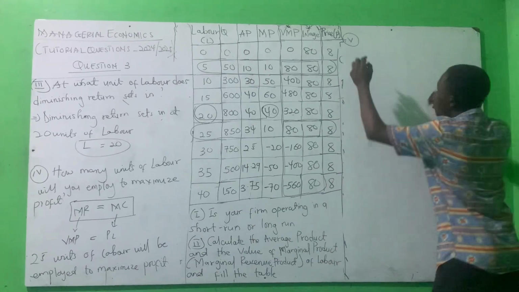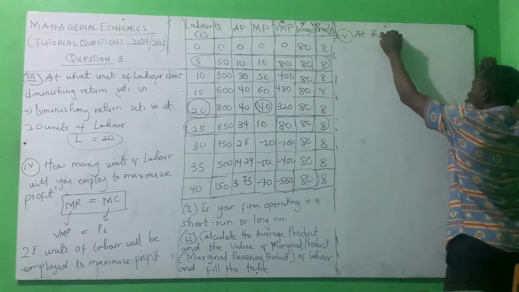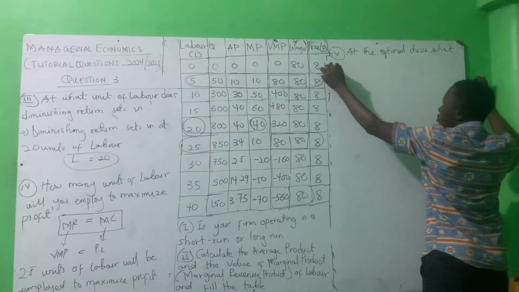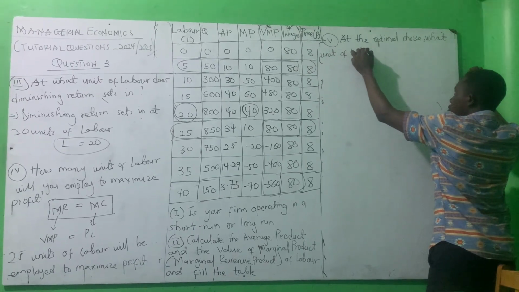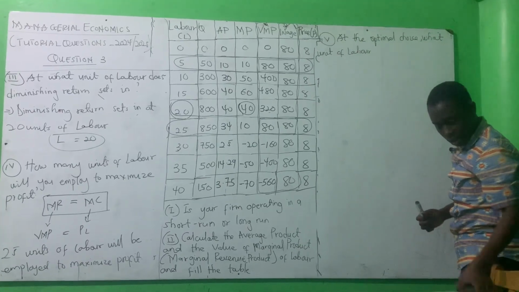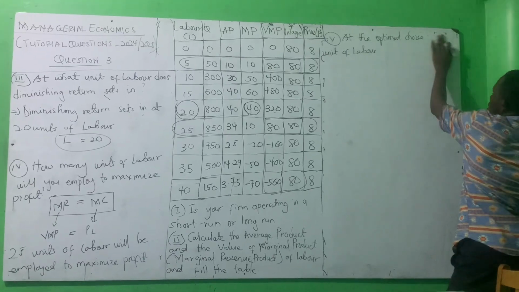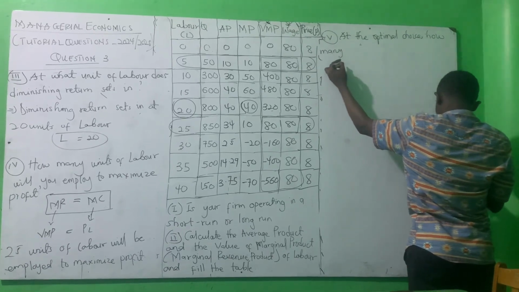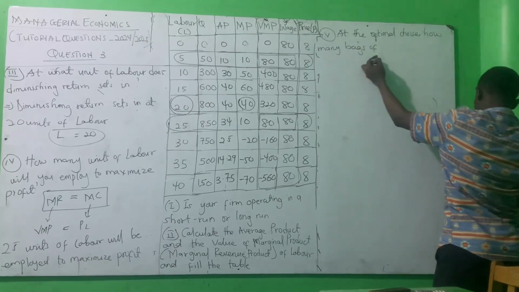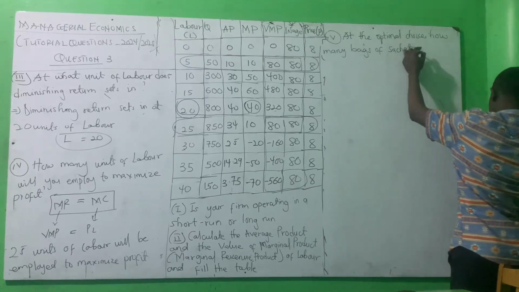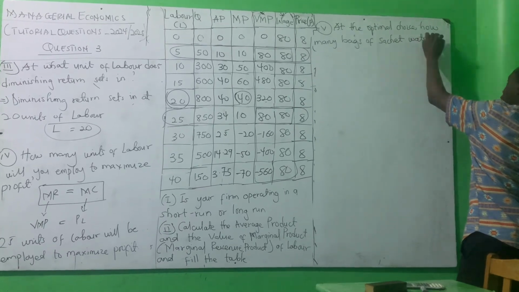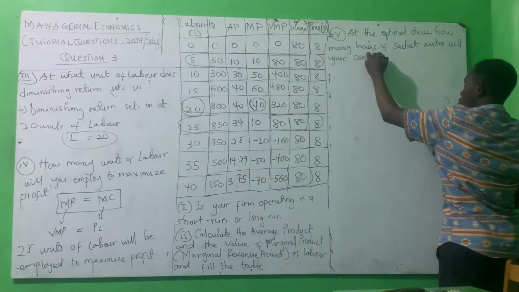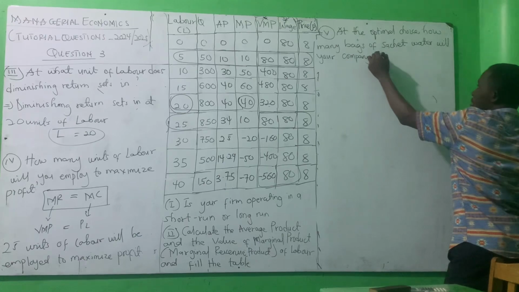So at the optimal choice, how many bags of sachet water will your company produce on a daily basis?